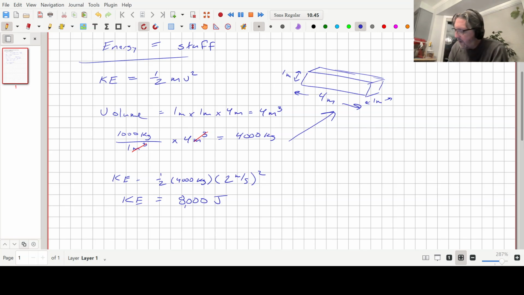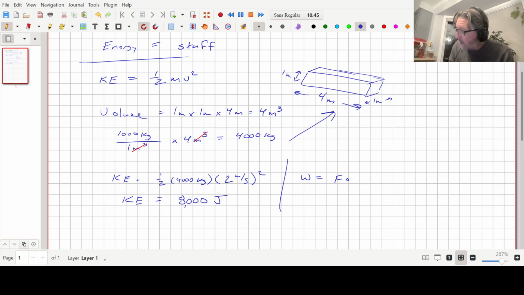If it drops by 1.5 meters, that means it's going to gain some more kinetic energy, and it comes from the potential energy that it has up at the top. The amount of energy that it gains, this is an energy transfer, is the work that's done to move it up or down that little hill.